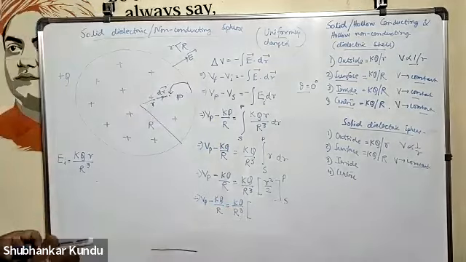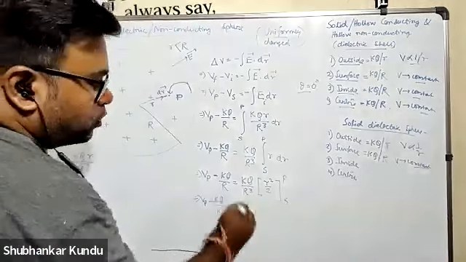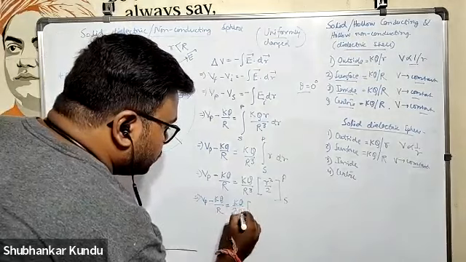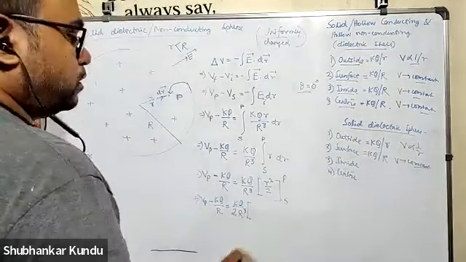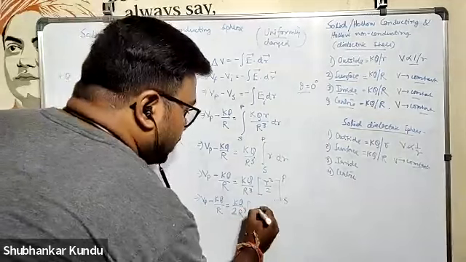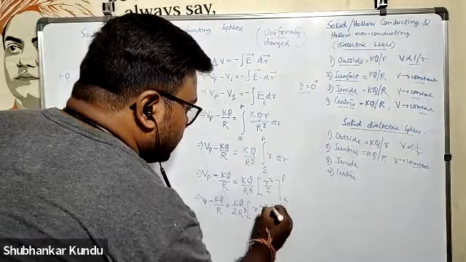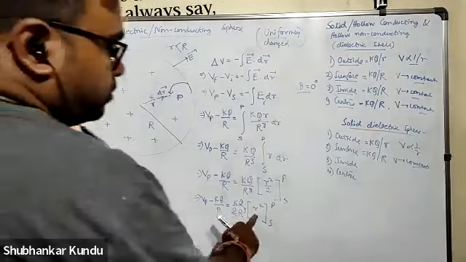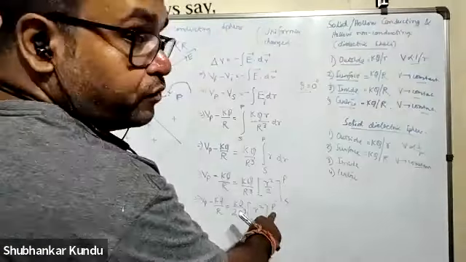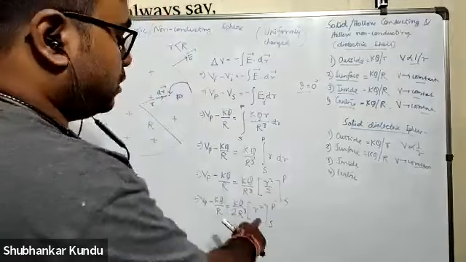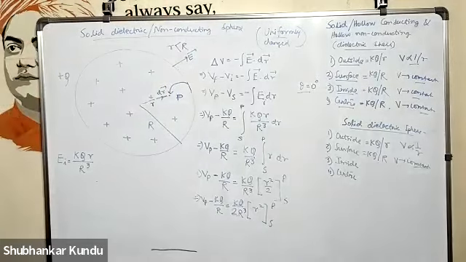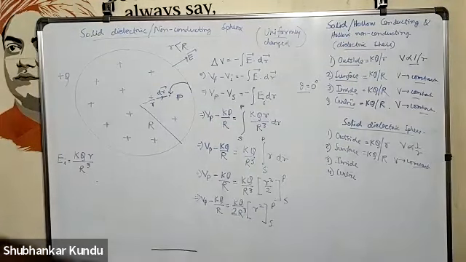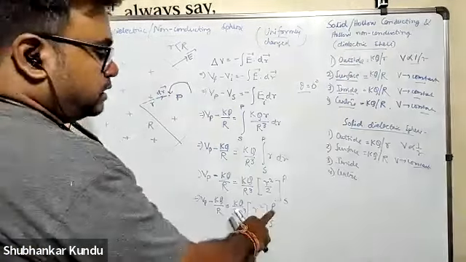What is the value of the distance? Can I bring 2 outside? Let me bring 2 outside. It will be 2R cube. So inside we'll have only r square, and the limits are P and surface. First we'll put the distance value at P, then the distance value at the surface. What is the value of the distance at the point P?